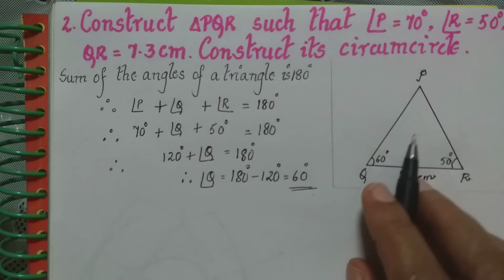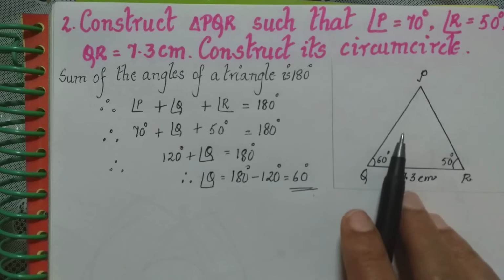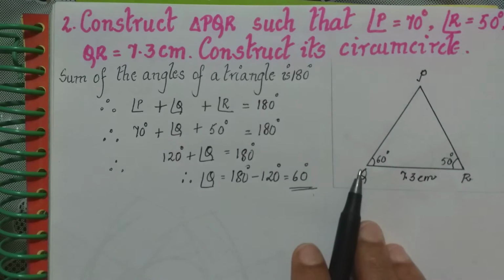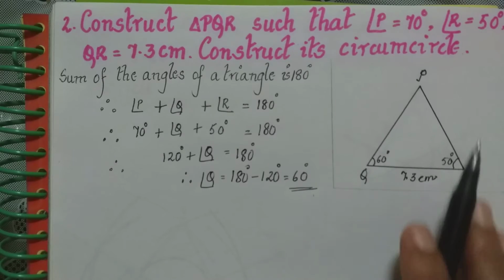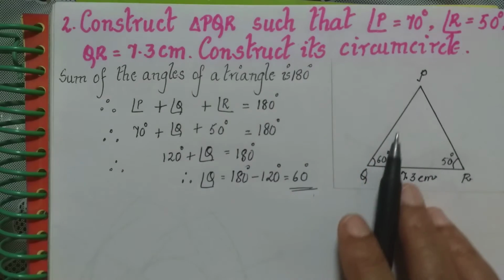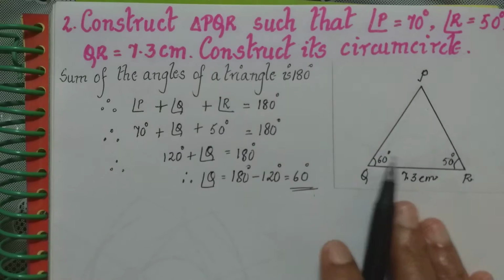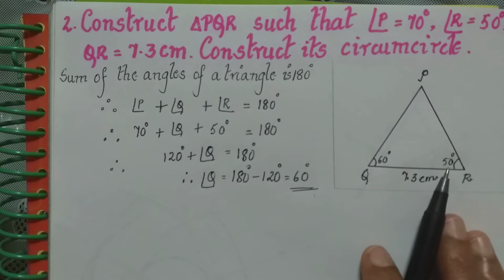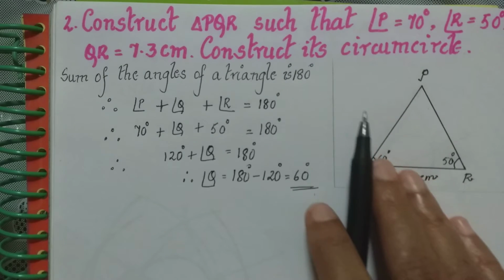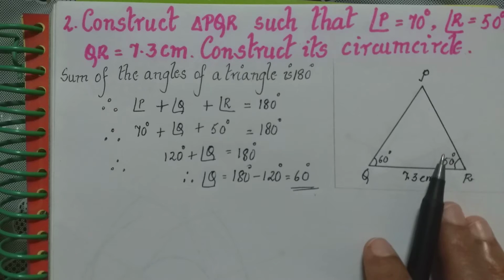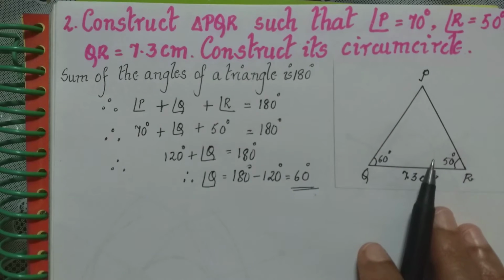Okay, now we draw the perpendicular bisectors of either side PQ and QR, or side QR and PR, or side PQ and PR, any two sides. Now when we say perpendicular bisector, the line will be perpendicular to the side as well as it will divide the side into two equal parts.